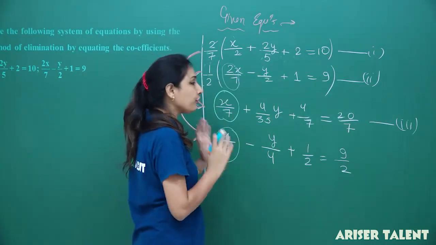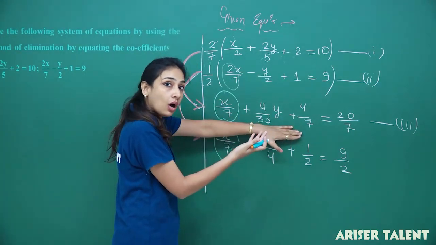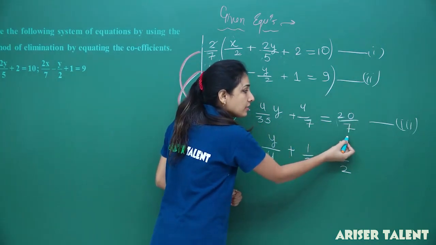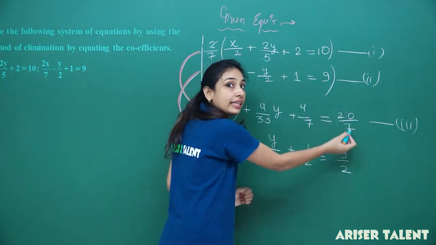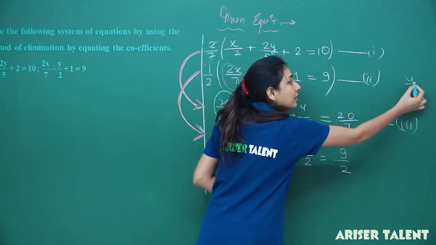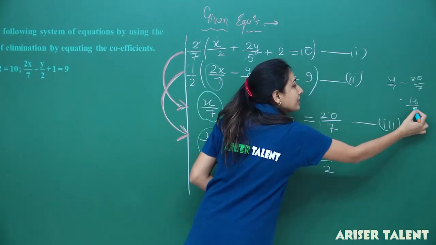So students, what can we do? We can simplify it more. How? If I transpose this side, that will become 4 by 7 minus 20 by 7. So what will it become? 4 by 7 minus 20 by 7 is nothing but minus 16 by 7.